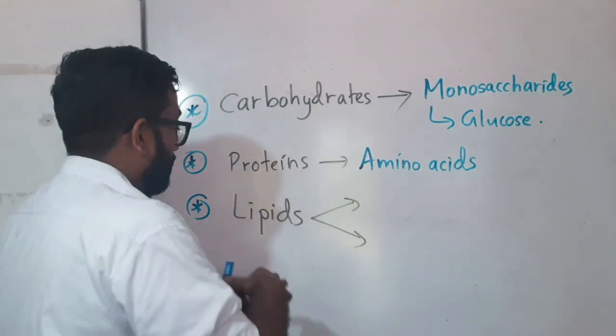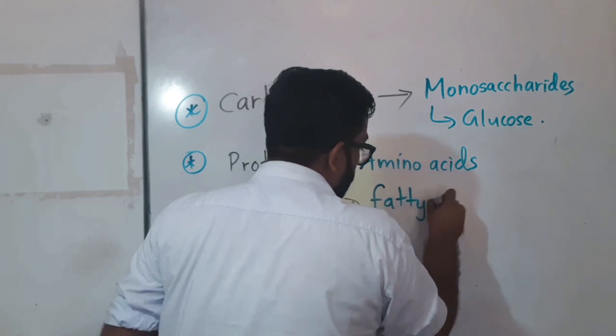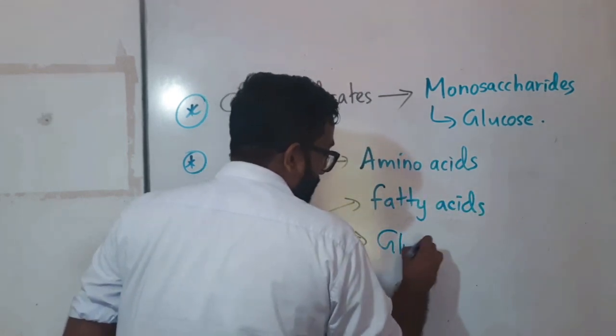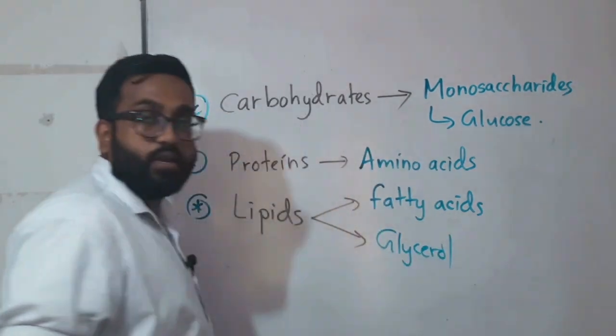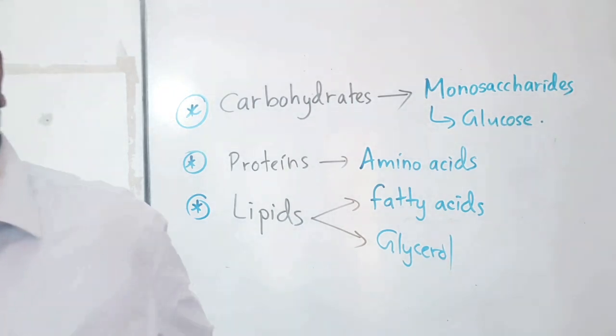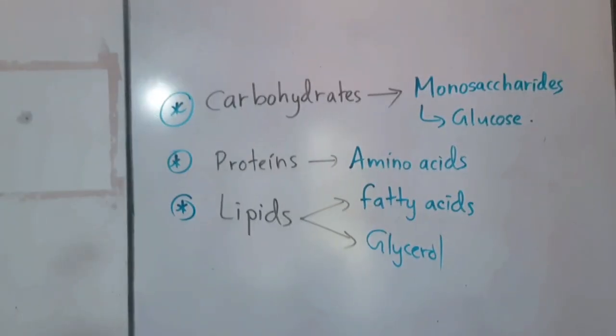What is the answer? Lipids are converted to fatty acids and glycerol. These are the two final products coming from lipids, and that is digested in the small intestine, right? Okay, so that is the answer.